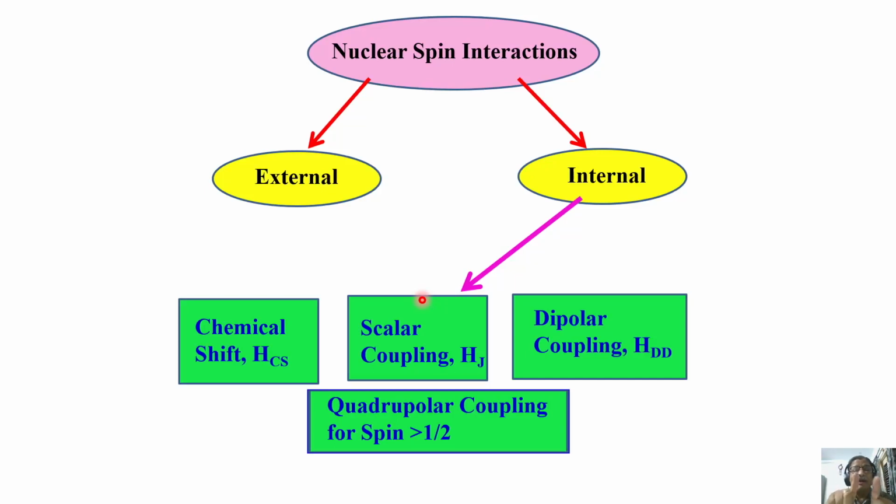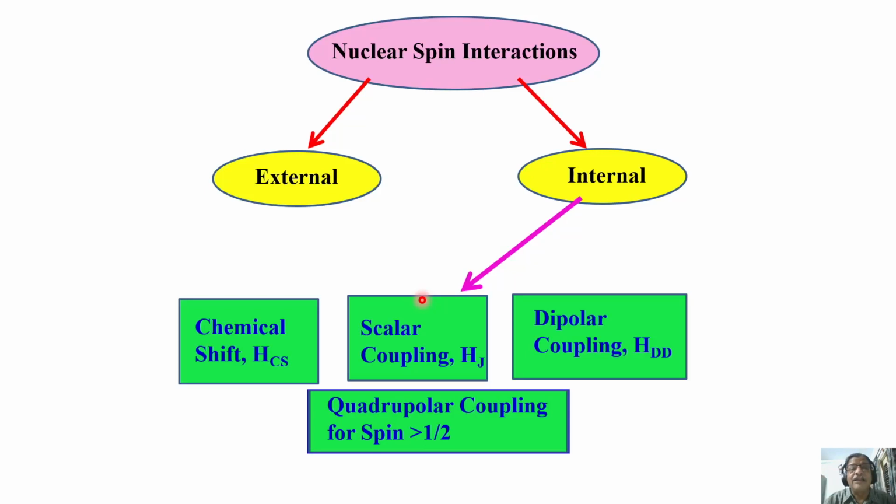But then remember, again two magnets coming close in space. There can be direct interaction without invoking a chemical bond. This is spatial interaction. Interaction between two nuclear spins or two magnets through space.